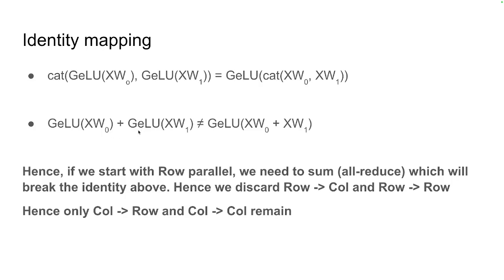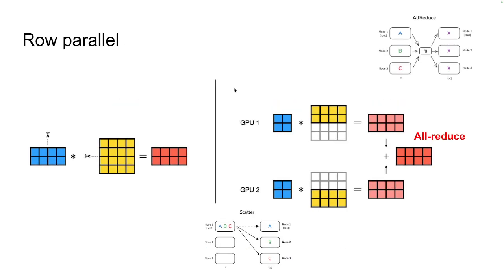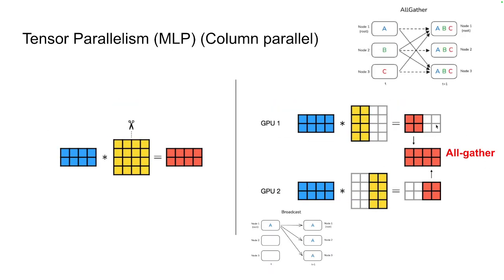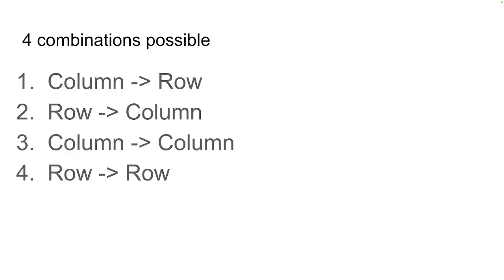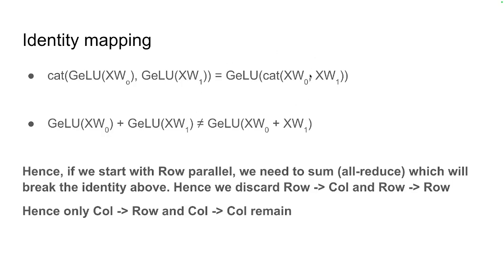If you keep your row parallel at the starting, you need to do a communication, because else this condition won't help. But for column parallel, we are basically doing an all gather, which is a concatenation operation. So that is independent of GELU because that is element wise. GELU is not going to affect it because you are not taking any sum on the matrices. Because of this property, column parallel is preferred at the starting.